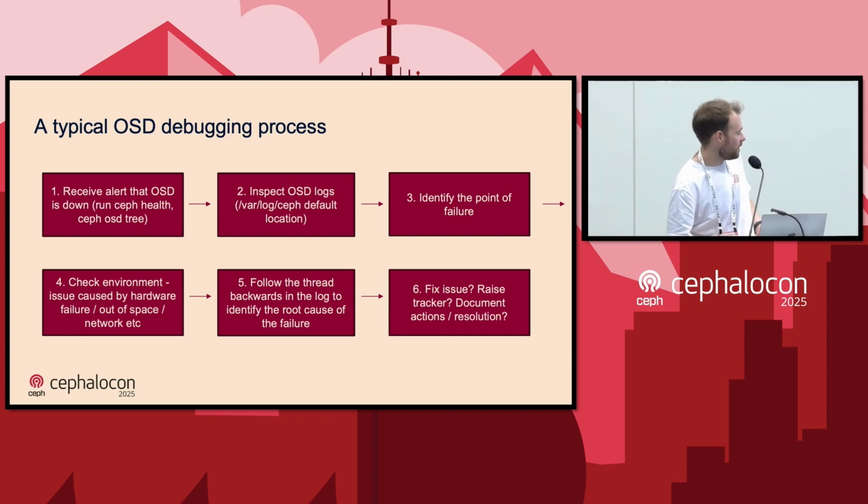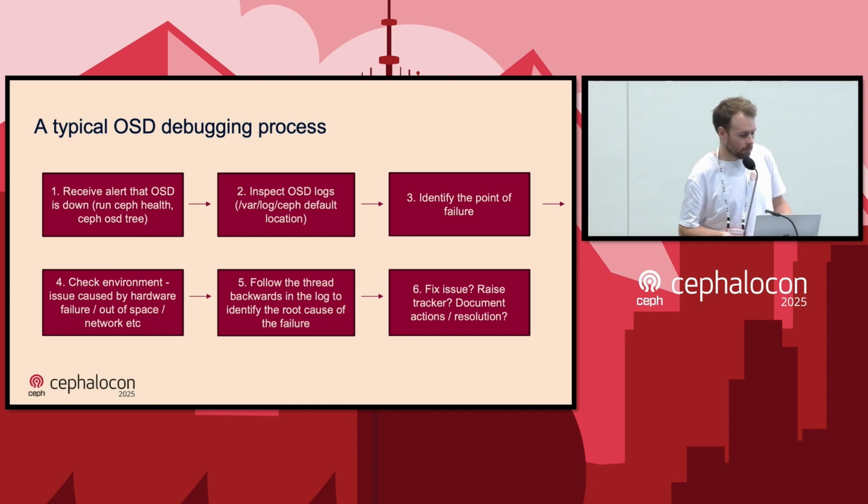Now, when I find that, I may see a message, an assert, or some sort of clue as to what's happened immediately, and I can check. That might point me towards something in the environment that's caused the OSD to crash, so a hardware issue, a disk running out of space, that sort of thing. After ruling those out, I follow that thread in the log backwards, going from the point of the crash, trying to go back to the root cause that actually started the process that caused the crash.